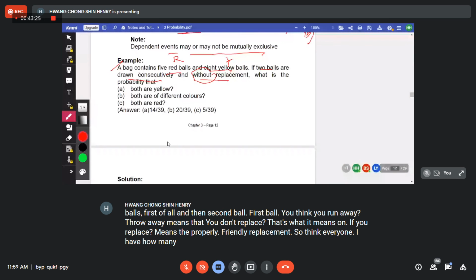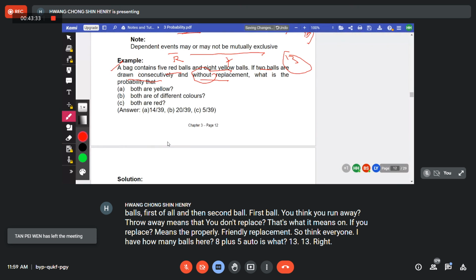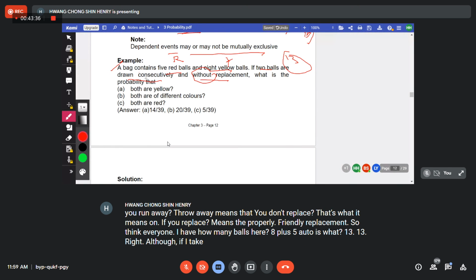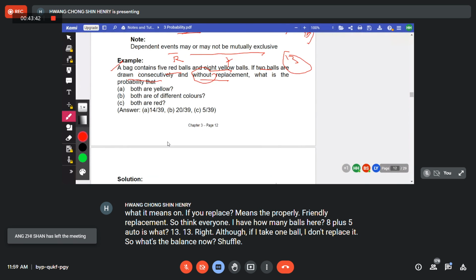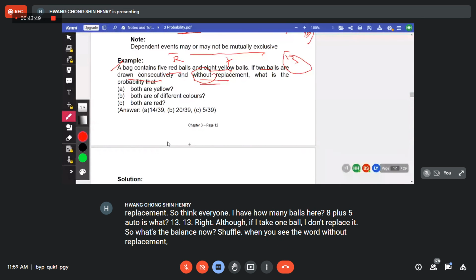So think, everyone. How many balls do I have here? 8 plus 5, the total is 13, right? If I take 1 ball and don't replace it, what's the balance now? 12. When you see the words without replacement, the total becomes 12.